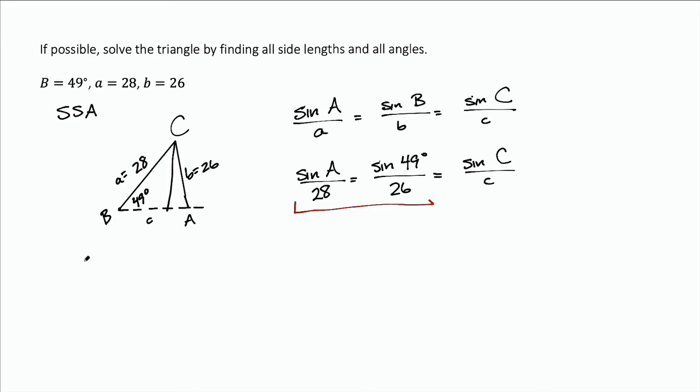That gives us, if we multiply both sides here by 28, sine of A equals 28 sine of 49 degrees over 26. And then to get the angle A, we will do the inverse sine of that fraction.